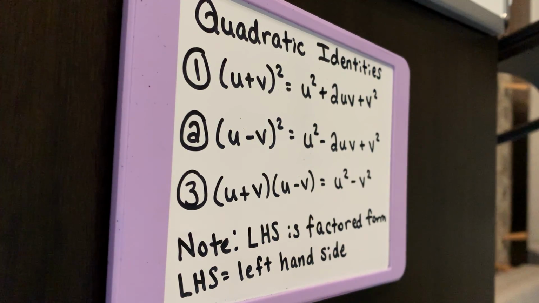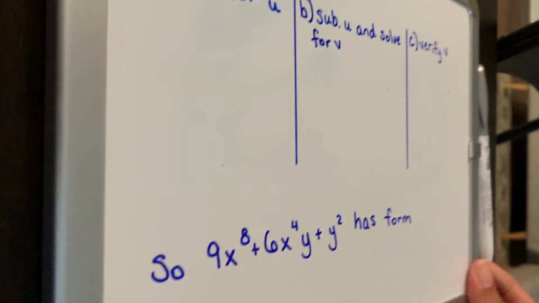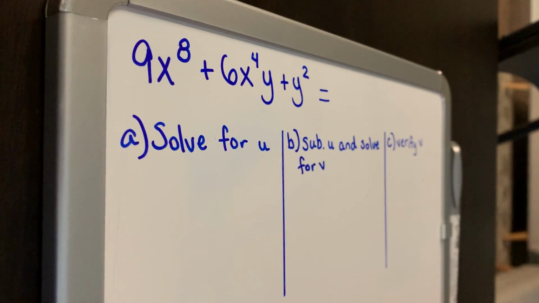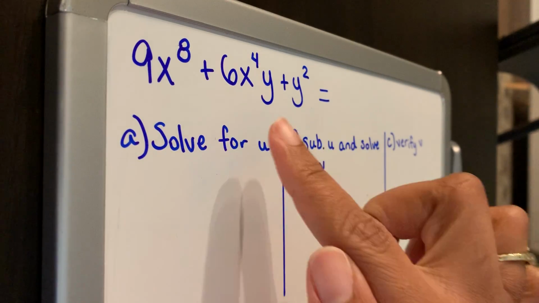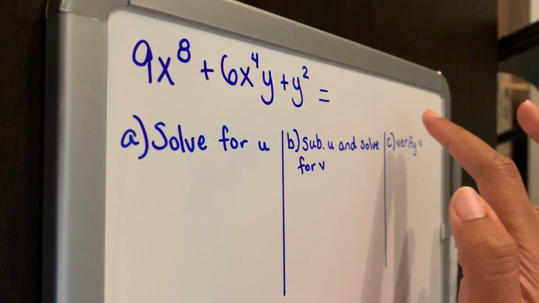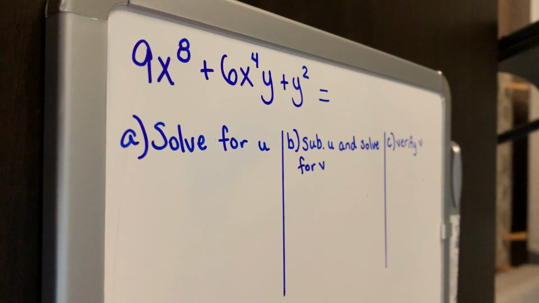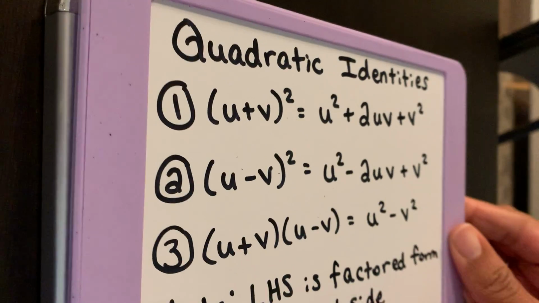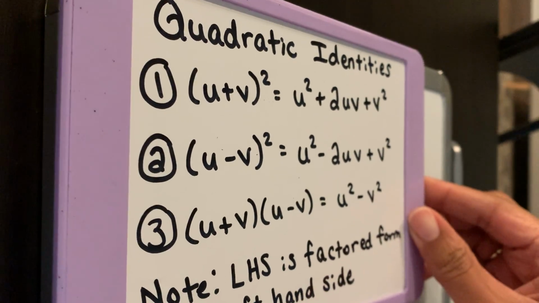For the first problem, he does 9x to the 8th plus 6x to the 4th times y plus y squared. I want to set this equal to one of those factored forms, but I'm not sure which one. So let's take a look again at our quadratic identities.